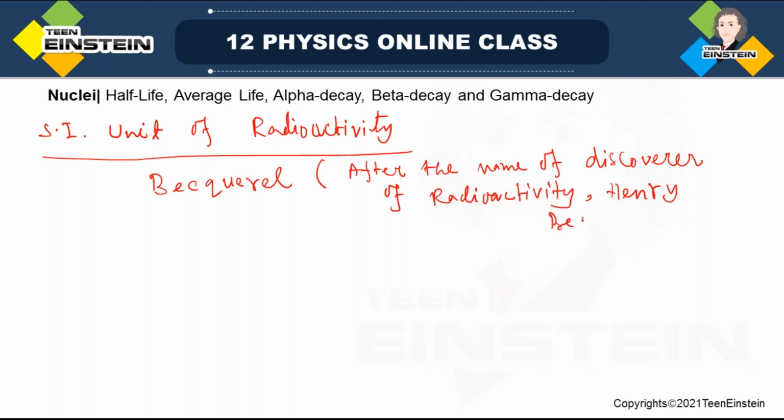Now you have to know what we mean by 1 becquerel. It is in short written as Bq. 1 becquerel is 1 decay per second.